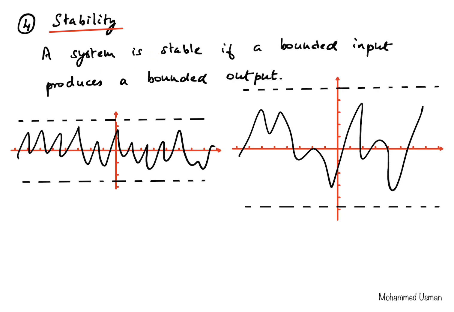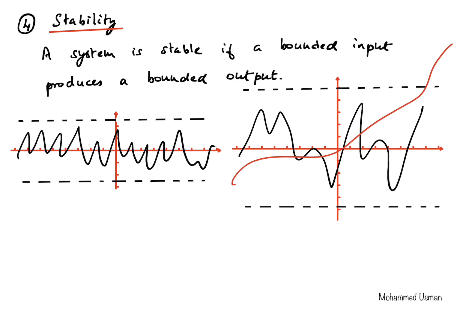In contrast, an unstable system will produce an output which is unbounded at some point of time. Now, for example, if the system is unstable, then an input which is bounded like this may produce an output which is something like this. It's growing.